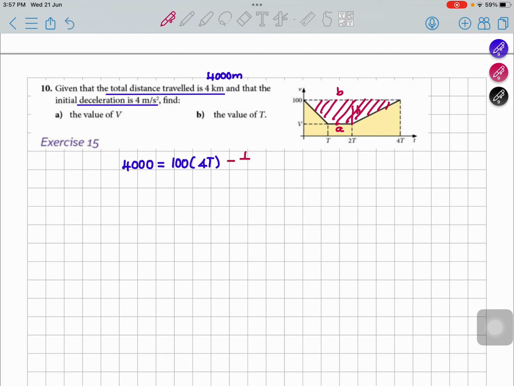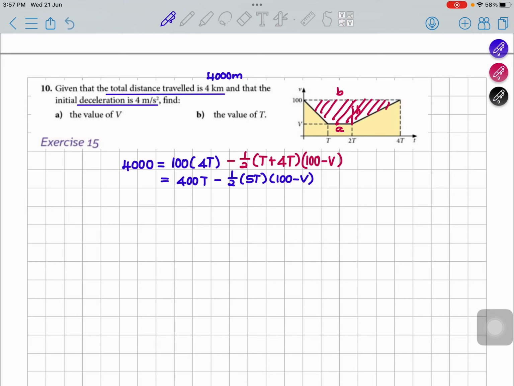So minus half, my a is t, my b is 40 and my height is 100 minus v. It still looks ugly. Let's see what happens. So this is 400t minus half 5t(100 minus v). At this point, I do not want to expand.